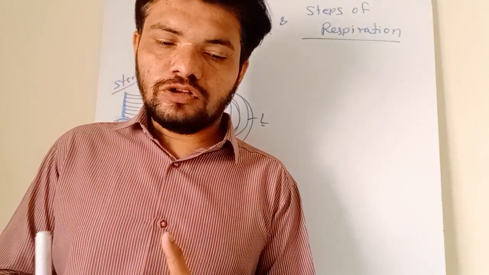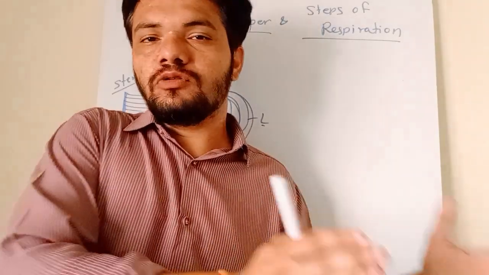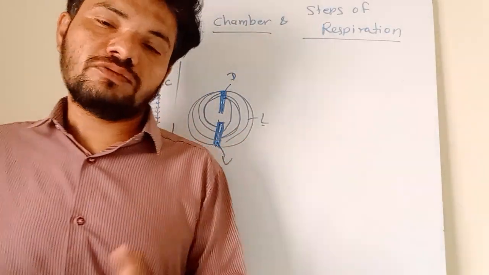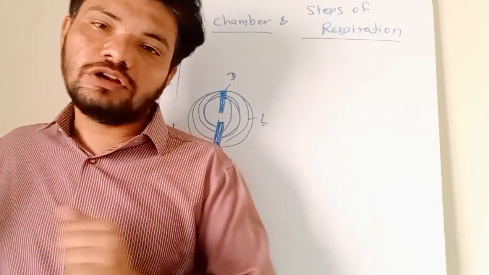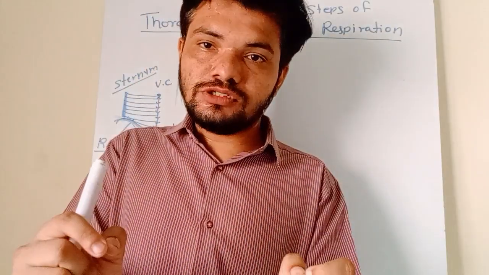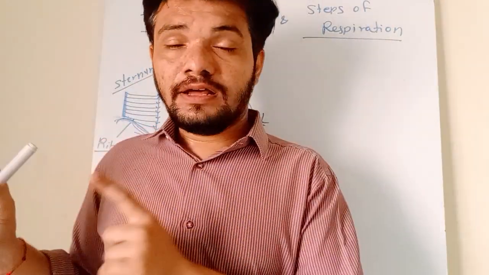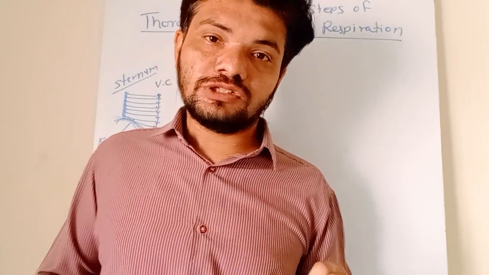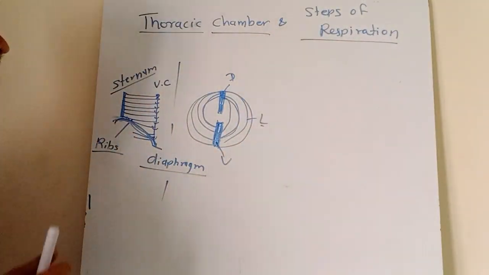So if your thoracic volume increases, your pulmonary volume will also increase. If your thoracic volume decreases, your pulmonary volume will also decrease, which helps your body in the breathing procedure. So these two things you have to remember.